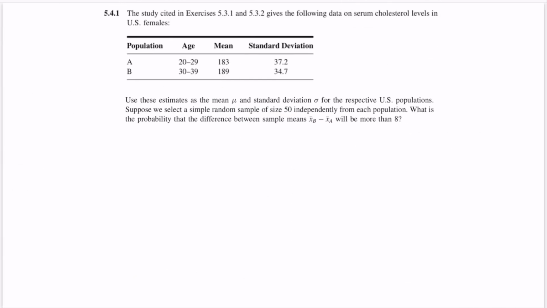So use the same principles here and pause the video and try to work out this problem. Here they have given us the means x1 bar, x2 bar, and sigma 1 and sigma 2. And the simple random sample size is 50 for each of the populations, so n1 is 50 and n2 is 50.